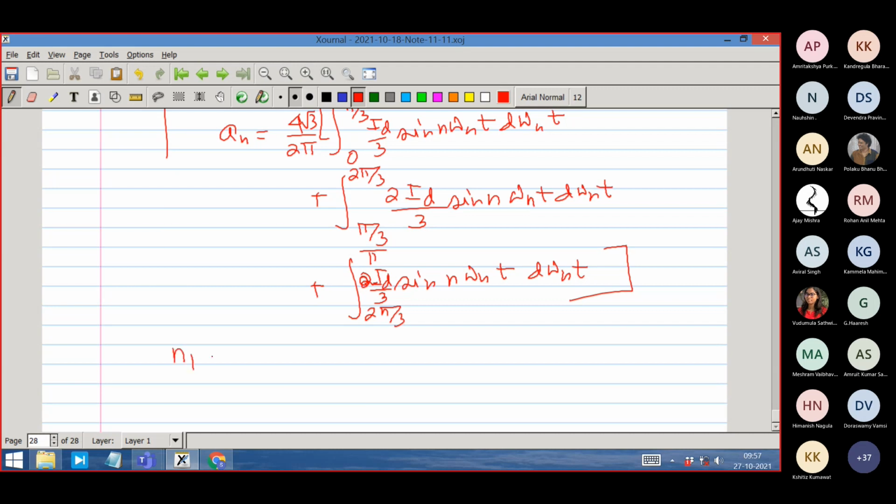If you do the integration, for n equal to 1 you will get A1 is equal to 4 by 2 pi into Id into root 3.